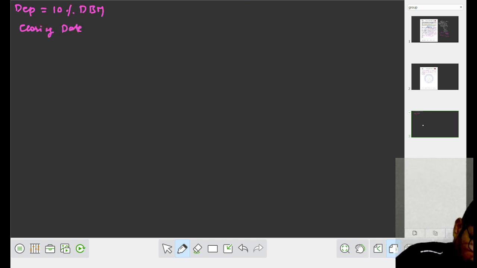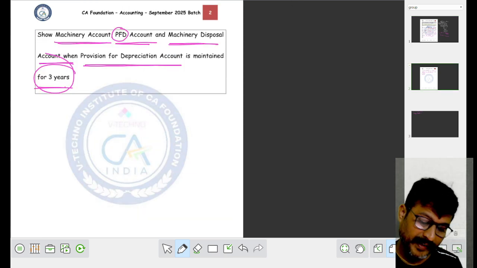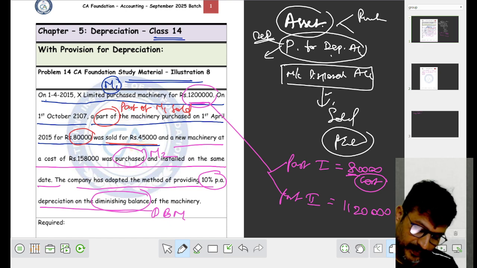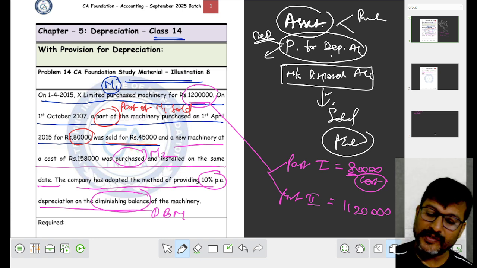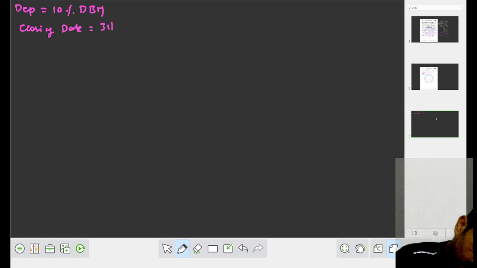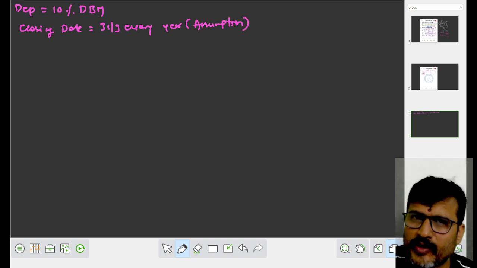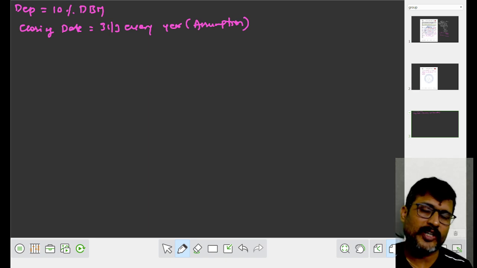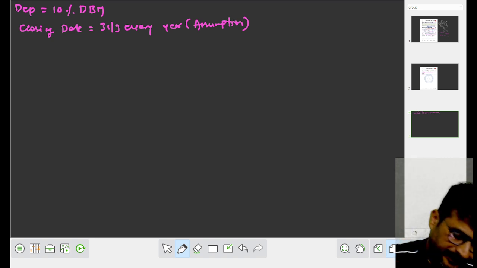Closing date. Tell me when the accounts are closed. We have to prepare for 3 years. He didn't mention when the accounts are closed. We can say that accounts are closed on 31st March every year. This is our assumption, because according to the Companies Act 2013, every business concern in India, from Kashmir to Kanyakumari, has to close their accounts on 31st March every year.